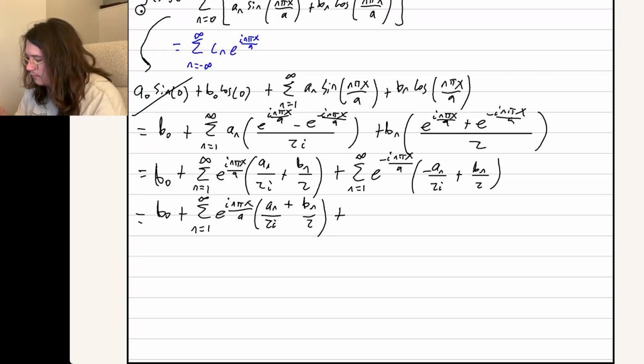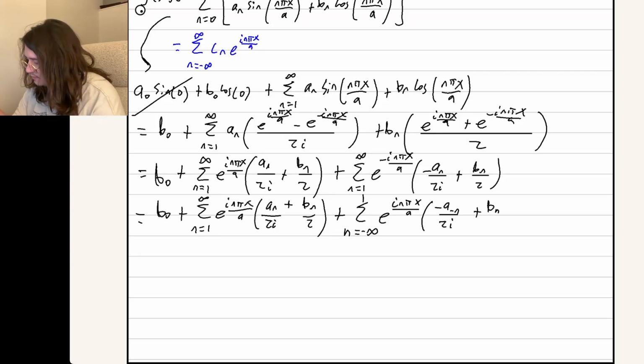So now instead of going from 1 to infinity, we're going to go from minus infinity to minus 1, effectively switching the sign of n everywhere it shows up in this sum. So we switch the sign of n here, so this is now a plus exponential. And then these constants are now not determined by n, but they're determined by minus n. So this is going to be b minus n over 2.